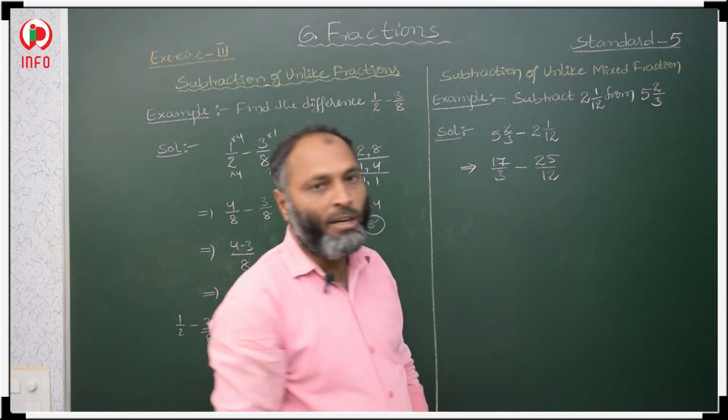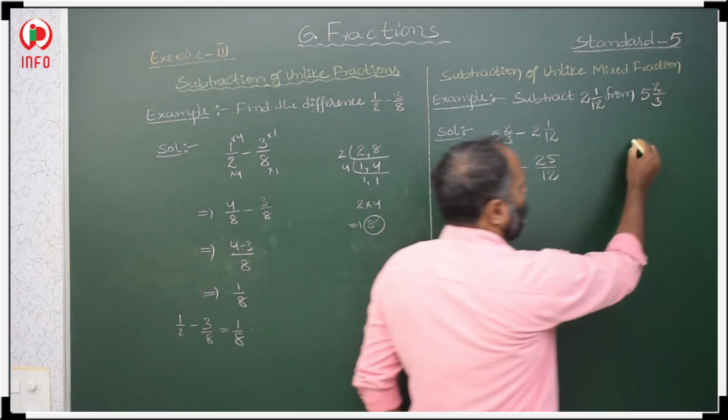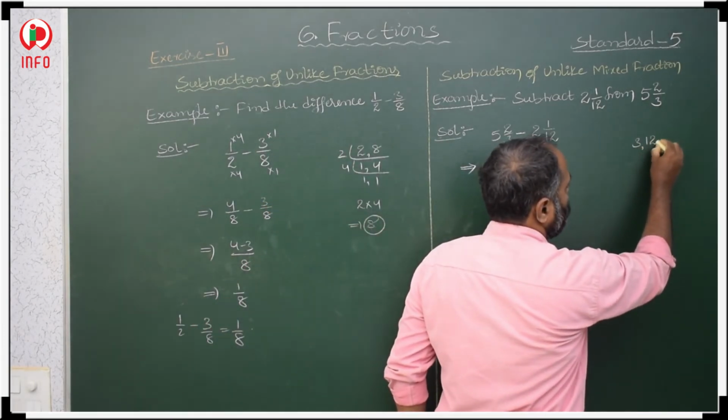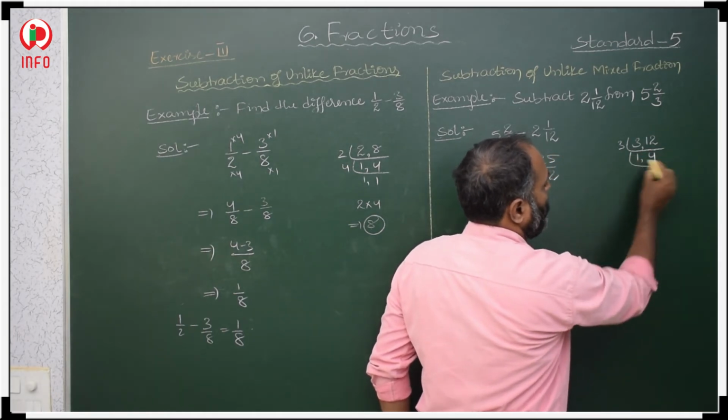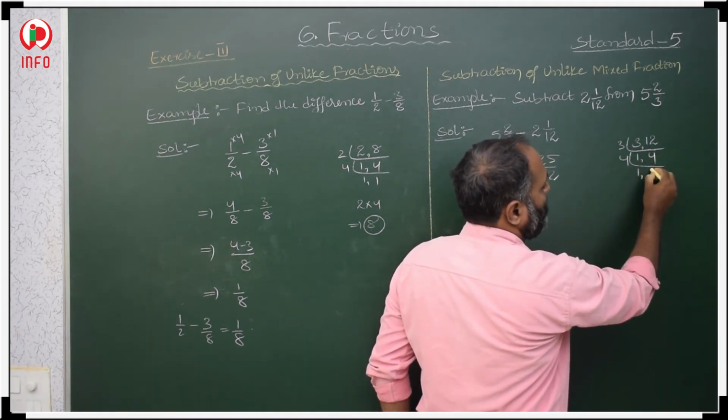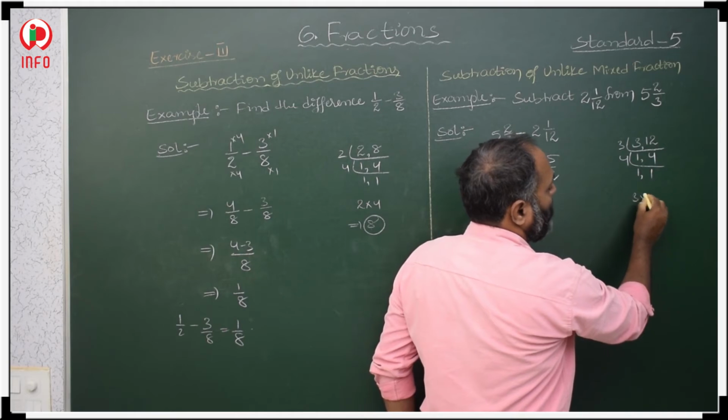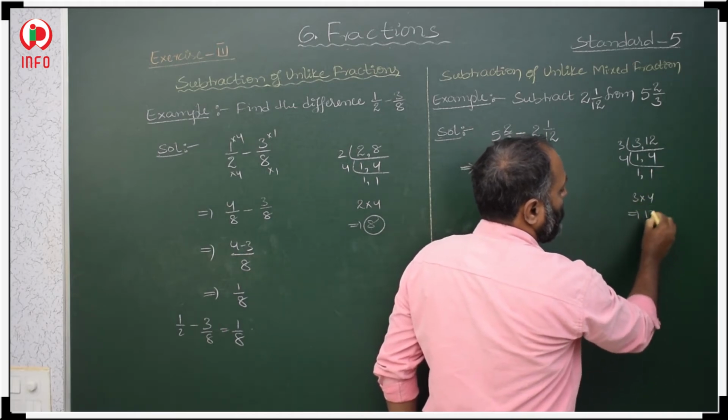Now after that we have to take the LCM of 3 and 12. 3 ones are 3, 3 fours are 12, again with 4, 4 ones are 4. Multiply 3 into 4, 3 fours are 12.